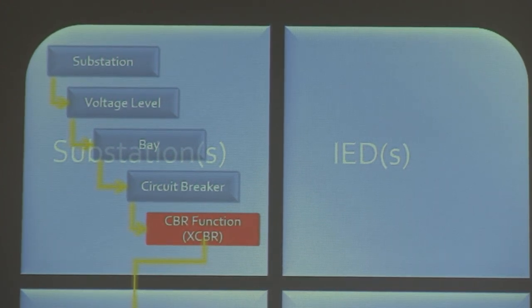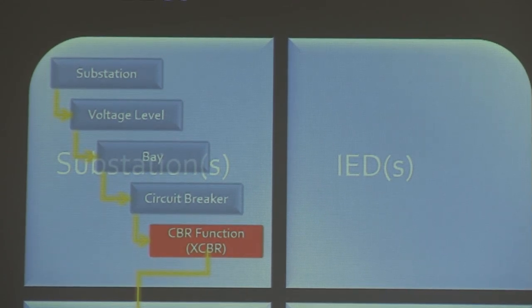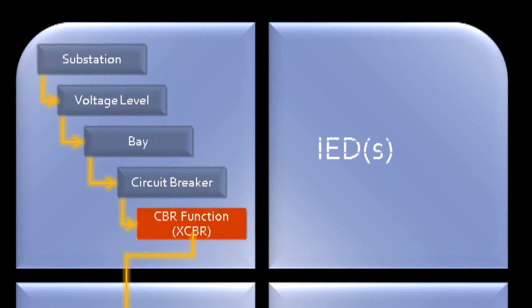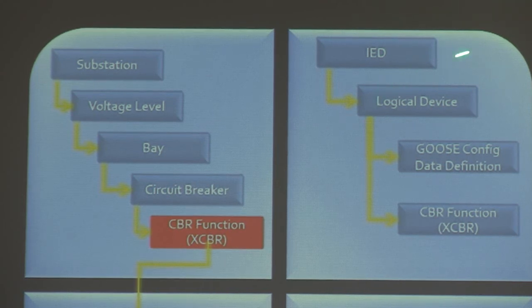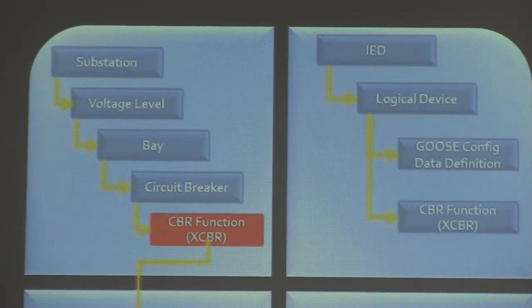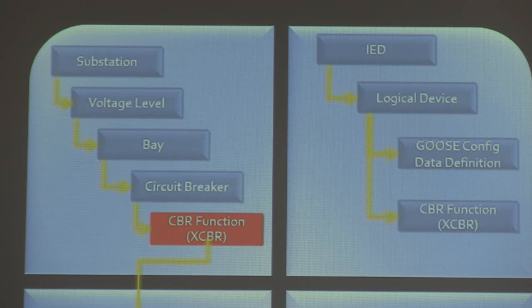And I have already indicated just an example of a hierarchy in the substation section where we end up with a circuit breaker in the bay of a substation, and the circuit breaker has a certain function which is related to some logical nodes here. We have other sections where the IEDs are described, so that is something where we are familiar with. IEDs have logical devices, and the logical devices have logical nodes, and we have also the communication configuration in this.